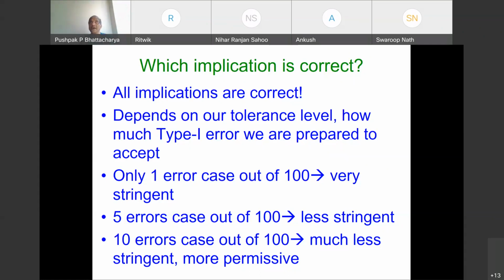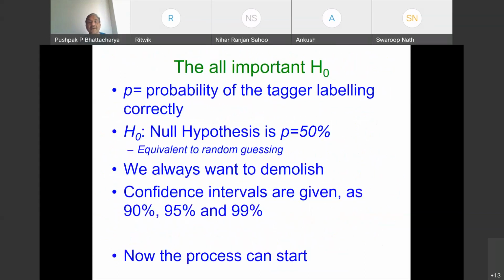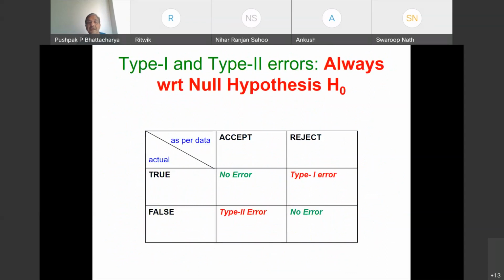You cannot reject it black and white. It depends on how much error you are prepared to tolerate. Okay, it is decided by the type 1 error, this table, the contingency table. If your tolerance level is high, you may not be able to reject the hypothesis.